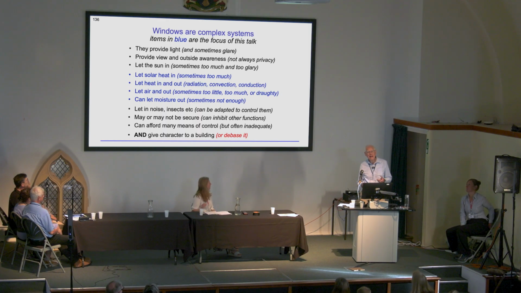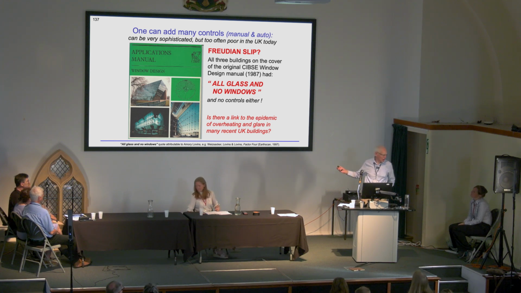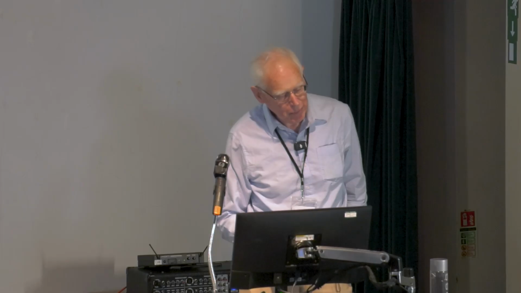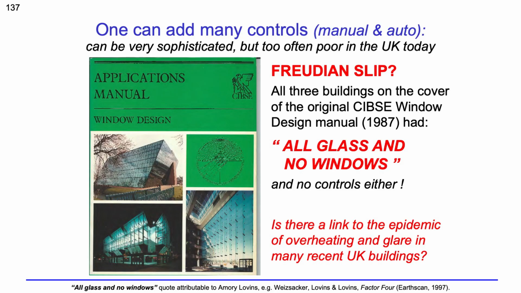Now, it's very easy to be reductionist about buildings. And this I found absolutely extraordinary when CIBSE published its first applications manual on window design. What was on the cover? Buildings with all glass and no windows. No controls, no anything. It wasn't about windows.